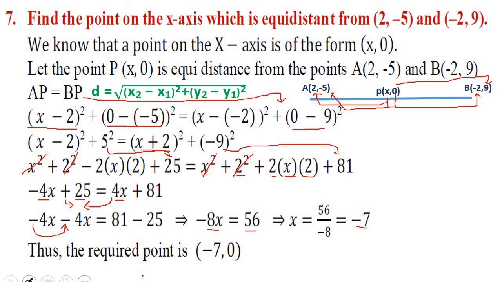So the value of x is minus 7. So the point P is (-7, 0), which is equidistant from the point A (2, -5) and B (-2, 9).